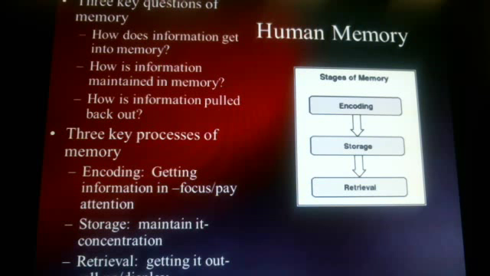Now I'm going to try to use as many examples as I can here to help you understand this, so you need to make sure you pay very close attention to what I'm talking about. If you do that, you're doing encoding. Okay, that's that simple. If you want to do well on this next unit, it's very, very simple. You have to do the first part. That is focusing, paying attention.